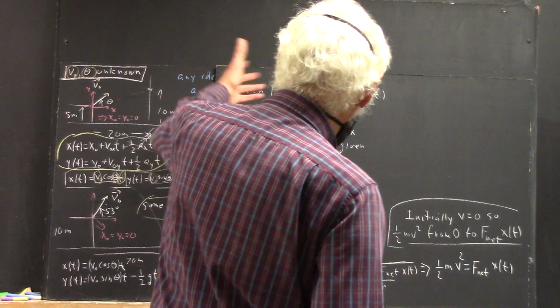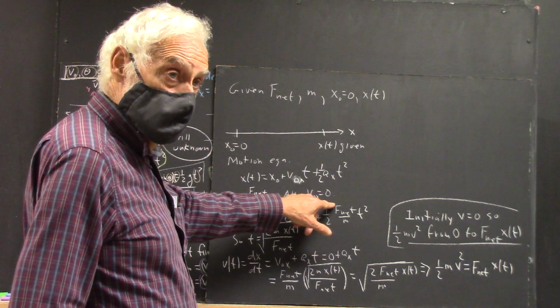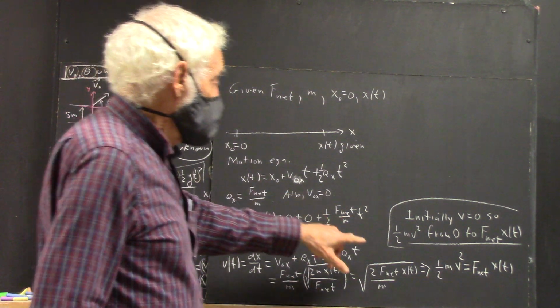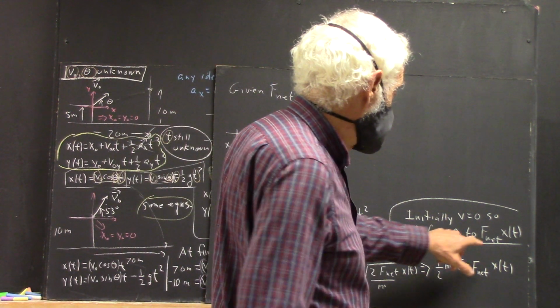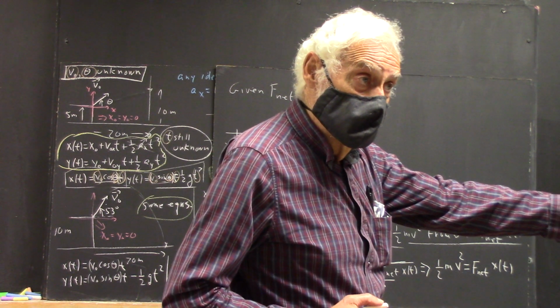Again, remember, the condition that you're working with was that v naught is 0, right? So the change in this quantity is equal to the net force times how far you move. Okay?